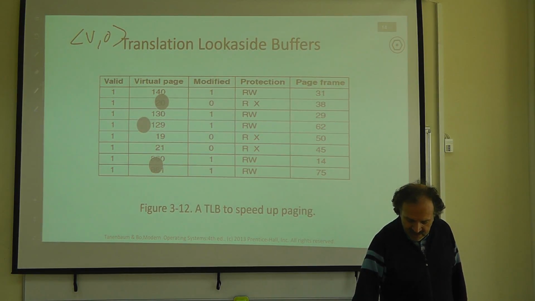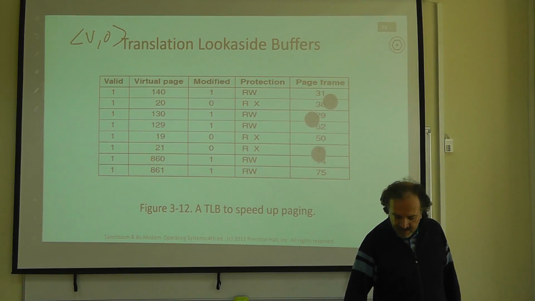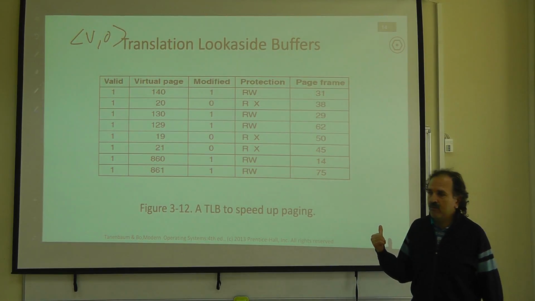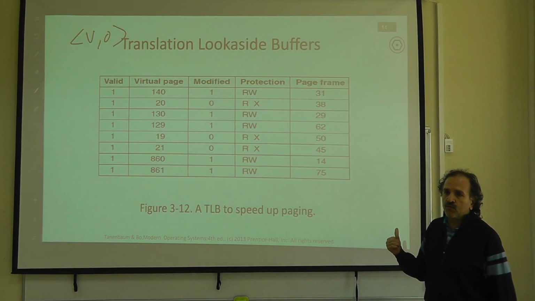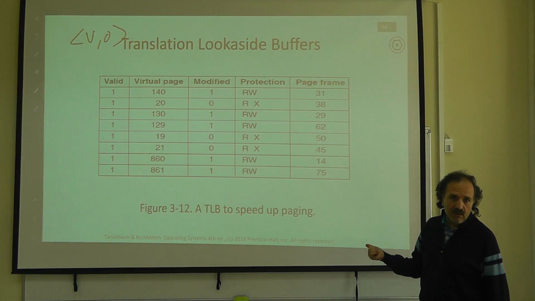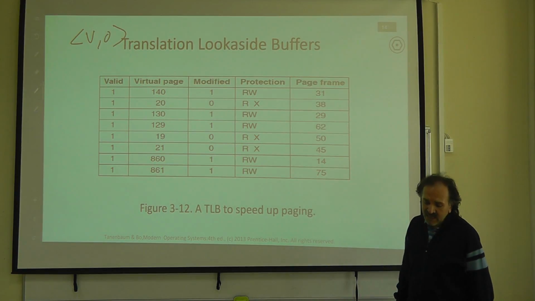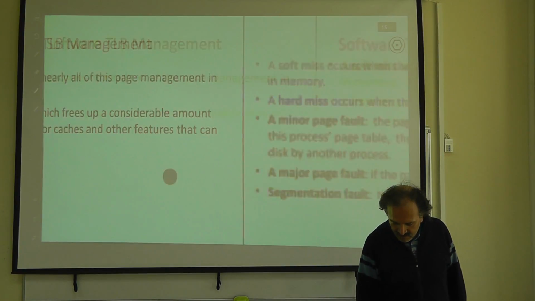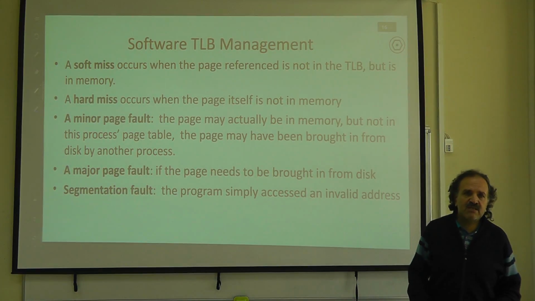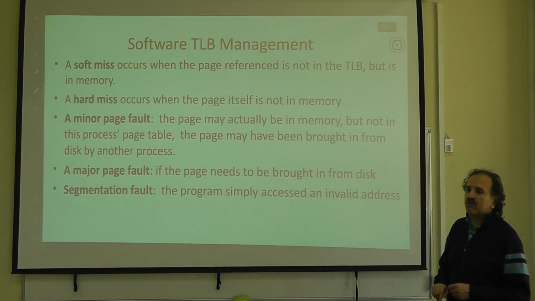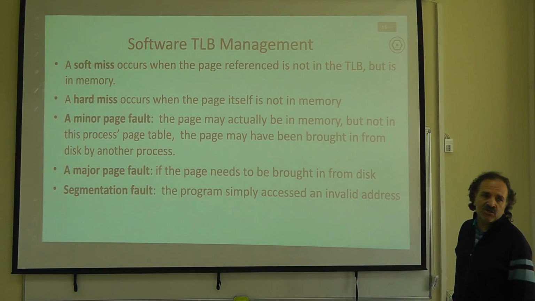I couldn't find it, so I couldn't get the page frame. So I need to go to the main memory and look for that number in the main memory. If that page is in the main memory, then it's a soft miss. Why is it a soft miss? It's a miss for the TLB, but it's not a miss for the main memory page table.